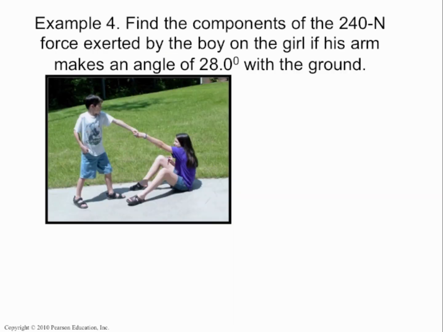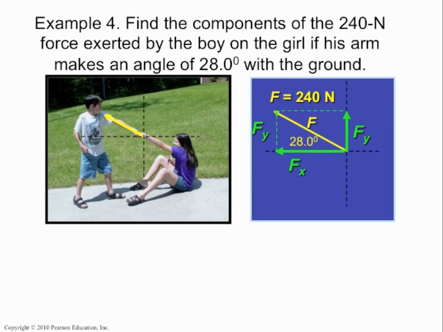Example 4. Find the components of the 240 Newton force exerted by the boy on the girl if his arm makes an angle of 28.0 degrees with the ground. Okay, so we can look at his arm, and that force he's exerting as the resultant force vector. And we can redraw to incorporate our givens.